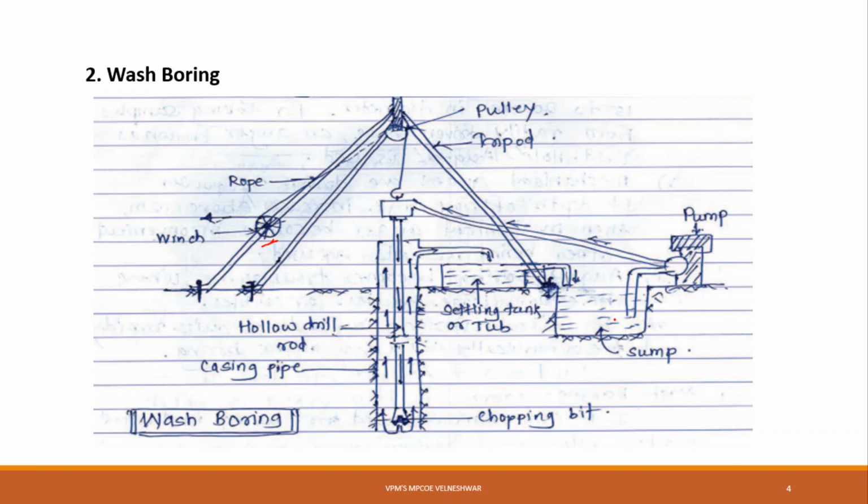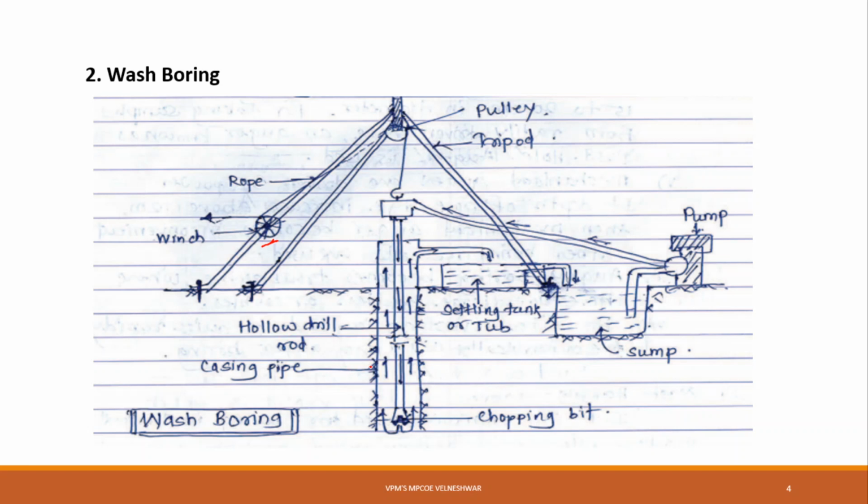In this sump arrangement the clear water from the settling tank is collected, and this sump water is again pumped and given to the wash boring. At the bottom of the wash boring there is a chopping bit, which is rotated, and the water comes from this chopping bit with pressure. This is the pump, sump, settling tank. These are the different parts of your diagram.